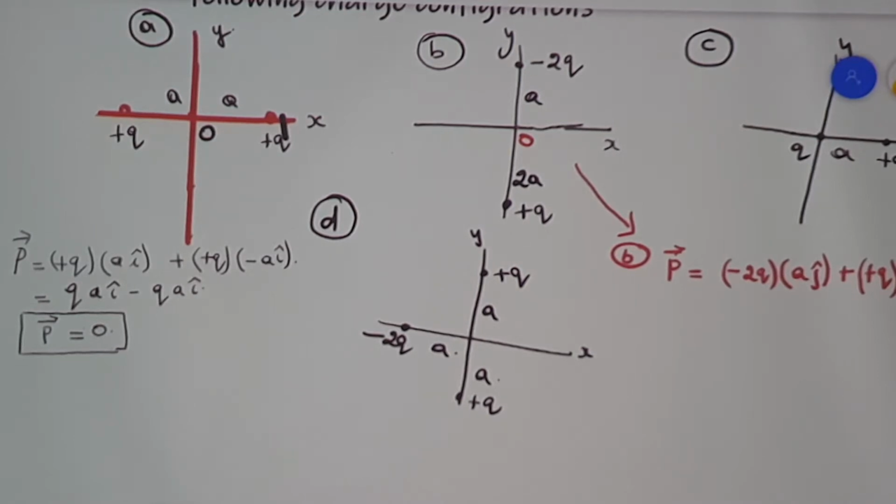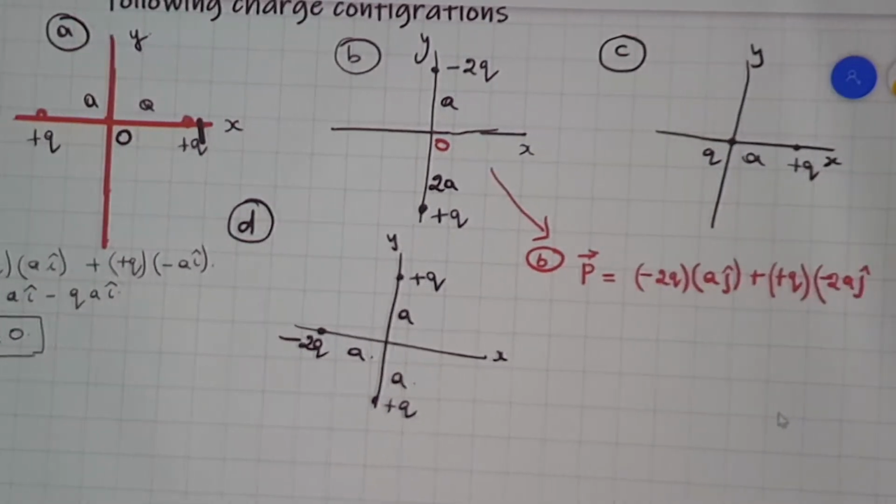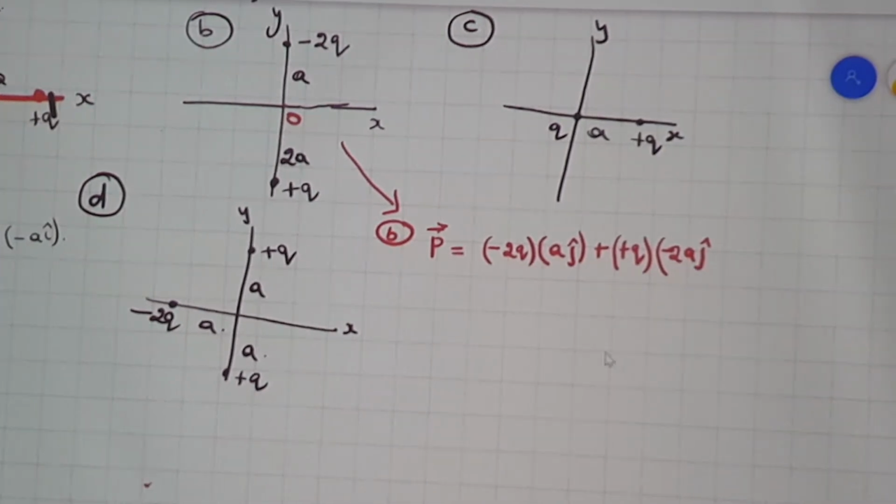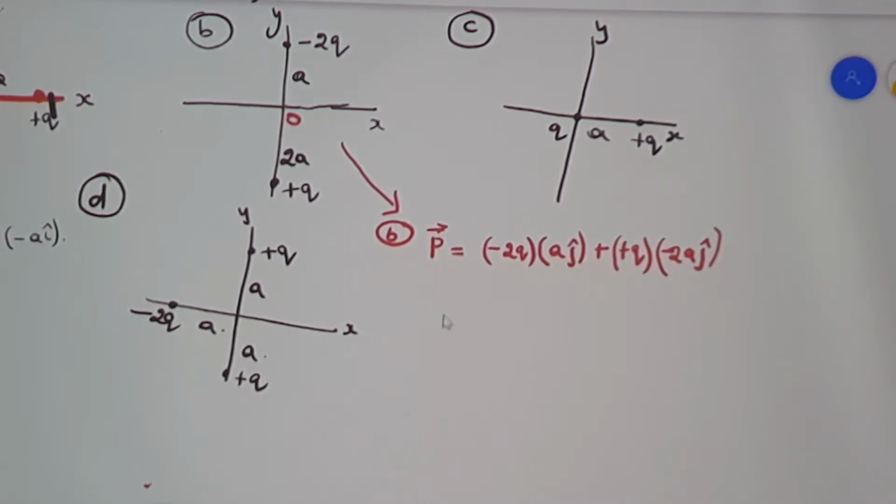I think you are clear with this idea. So when you consider the positive y-axis, minus 2q into a j, plus q along the negative y-axis, so minus of 2a into j.